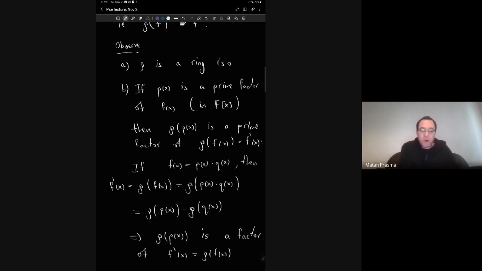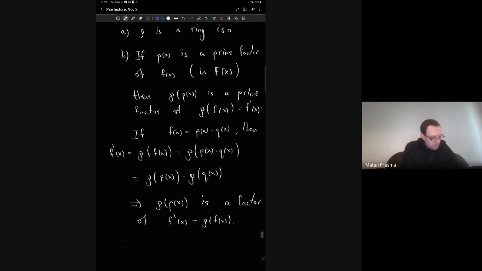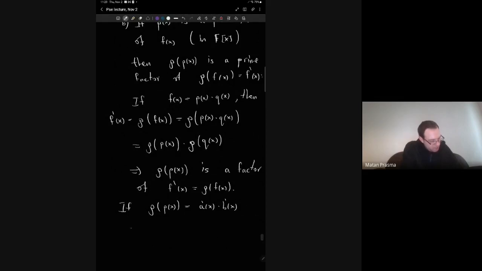Now, why is this a prime factor? If it's not a prime factor, so let's say rho of p(x) equals a prime(x) times b prime(x), with the degree of a prime and the degree of b prime bigger than or equal to 1.